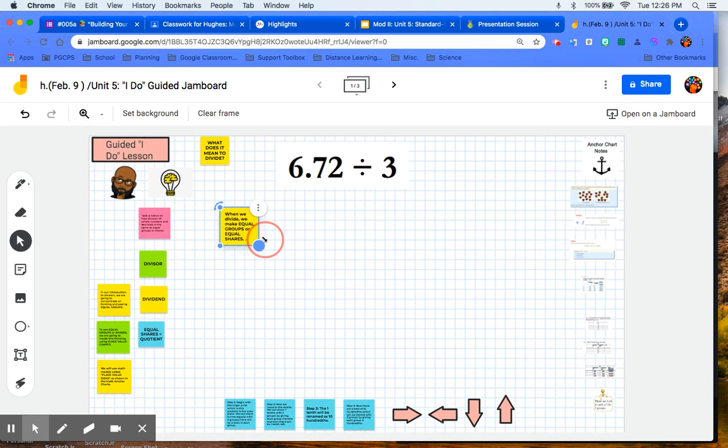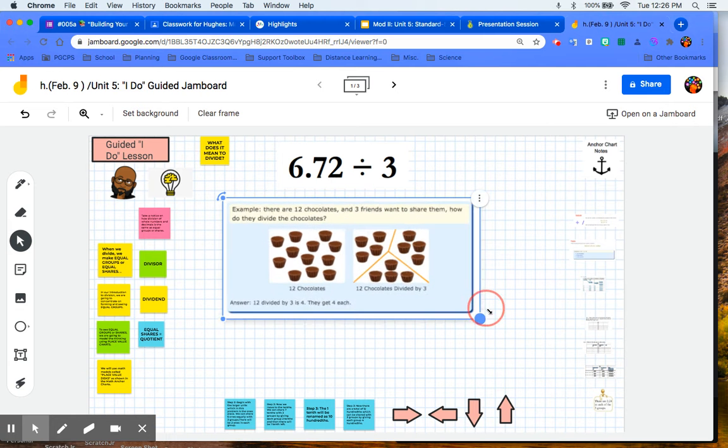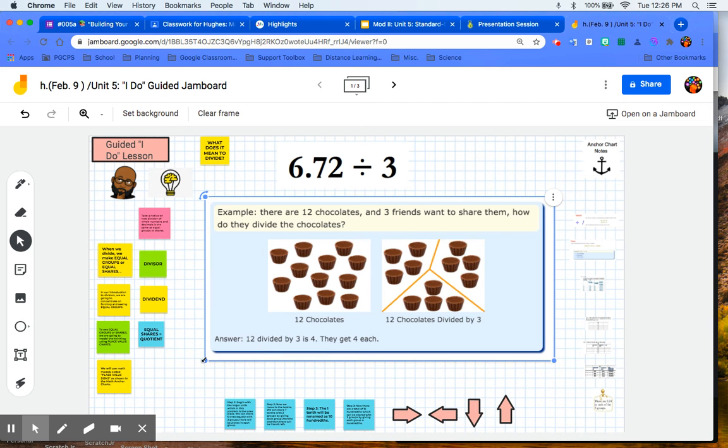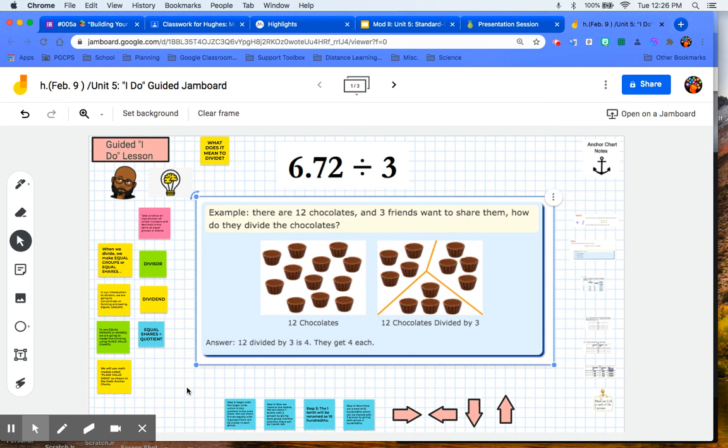Well, equal shares is exactly what the meaning says. You are sharing equally. For example, suppose you and two other friends are at your house, and you have some chocolates you want to share.